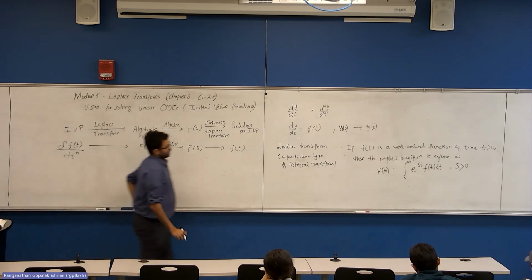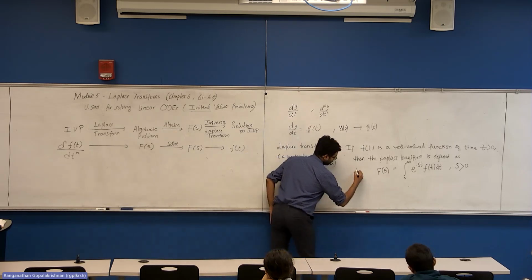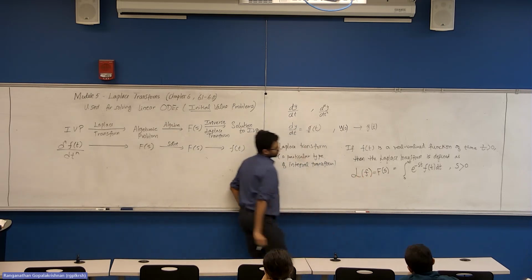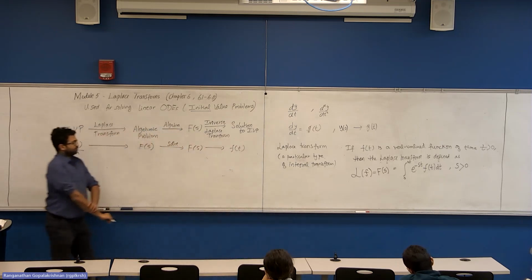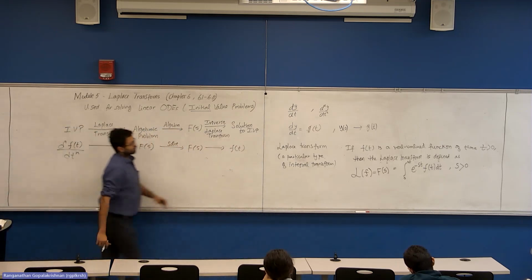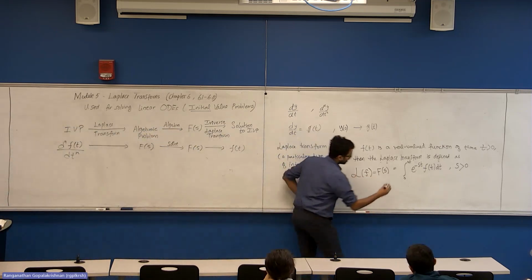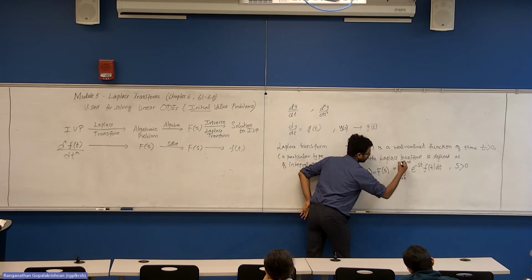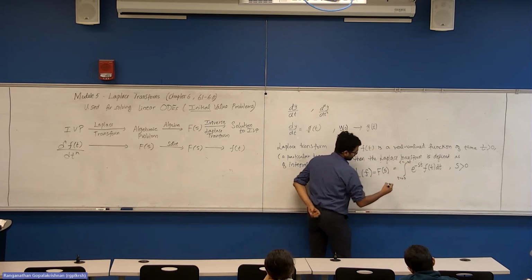Okay, and we also give the symbol, at least the book gives the symbol L of f, Laplace transform of f. So this integration, as you can see, is done over the time domain from t equal to 0 to infinity.